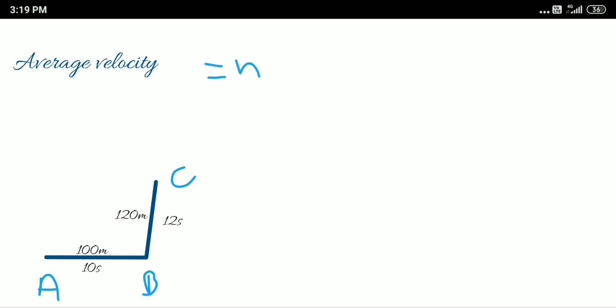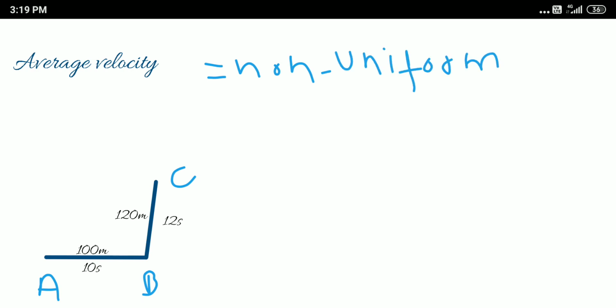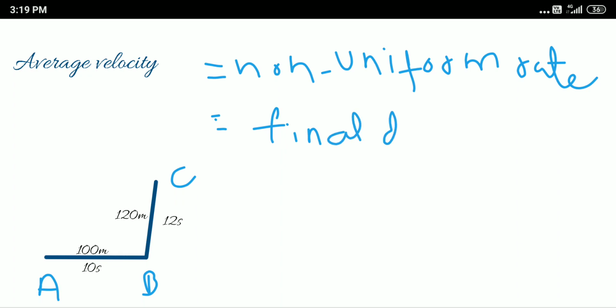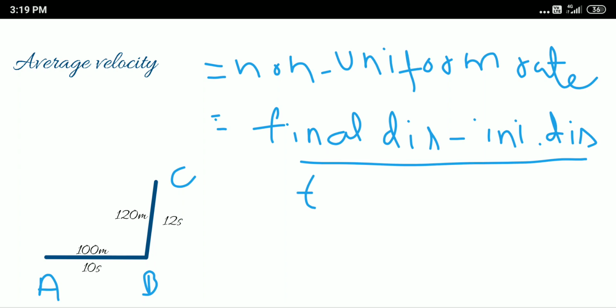Now in that case, when the object is moving with a non-uniform rate, non-uniform means unequal distance, then the average velocity we can find out by final displacement minus initial displacement by final time minus initial time.